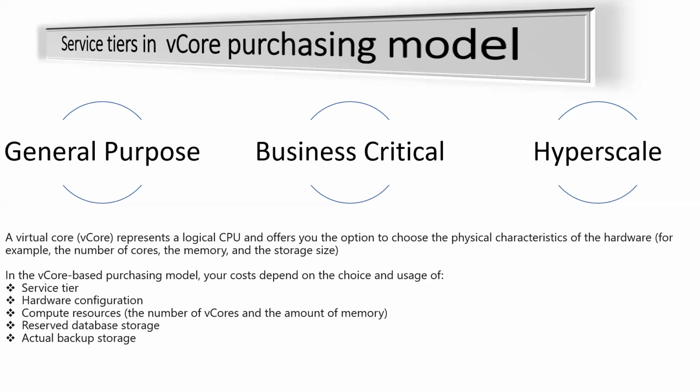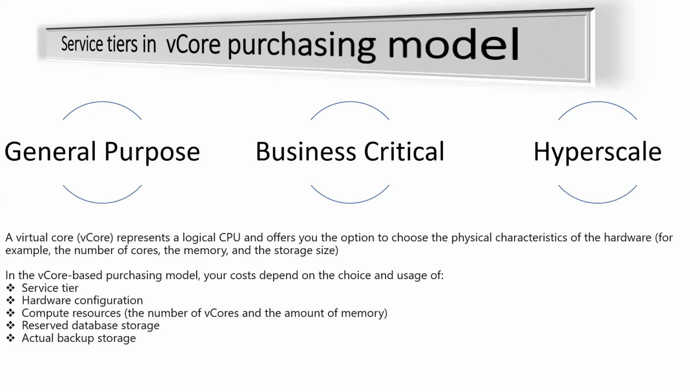That option is available here. vCore means virtual core. A virtual core represents the logical CPU. We cannot see the physical level here, we are just seeing the logical CPUs, and it offers the option to choose the physical characteristics of hardware, for example number of cores, memory, and storage size. That we can select.